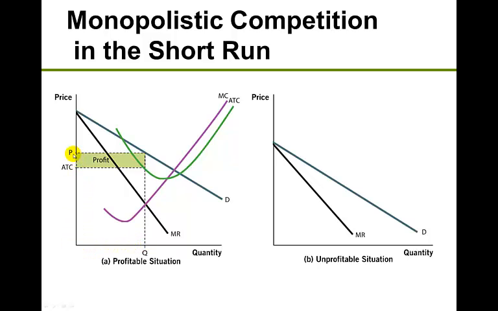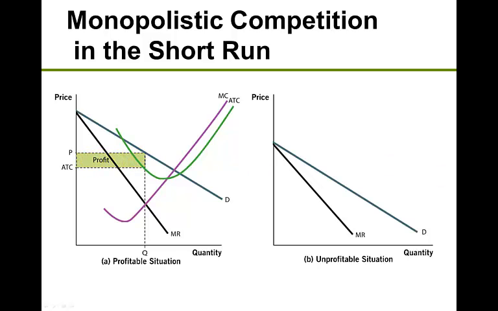If I wanted to figure out how much my firm's total costs were at this output level, well, that would be the rectangle given by average total cost times quantity. So then my total profit is my revenues minus my costs. So I take my revenue given by this big rectangle here minus my costs given by this rectangle here, and the difference is my profit.